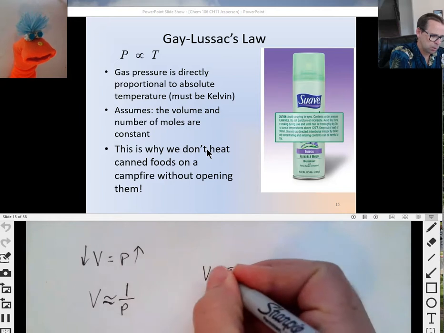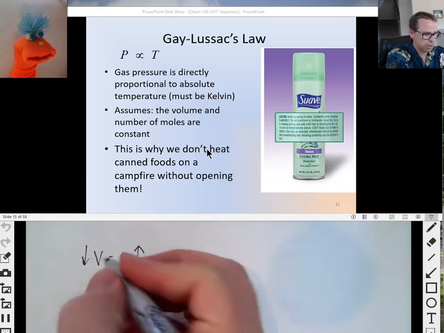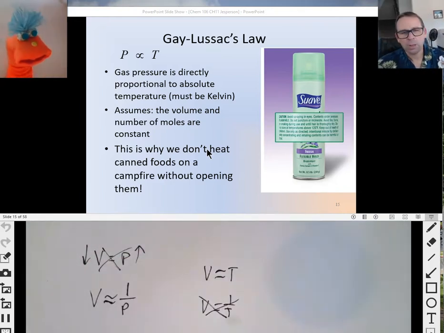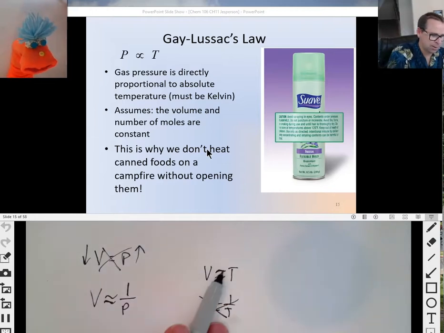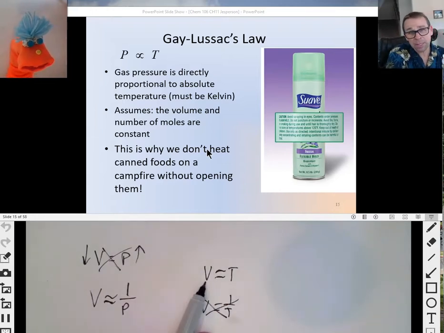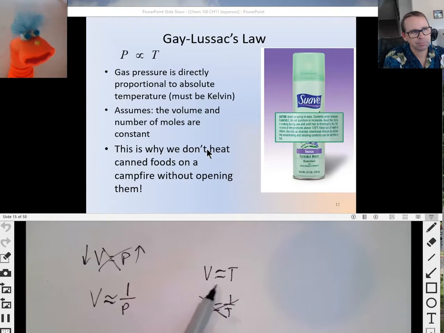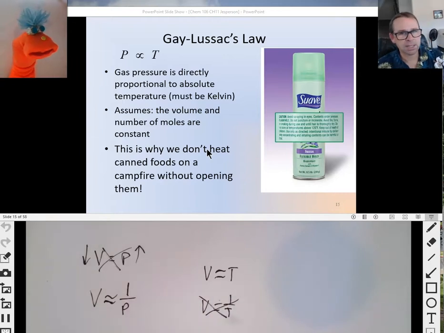And again, we should use these kinds of relationships here because volumes are in units of milliliters or liters. Temperature is in units of Kelvin, Celsius, Fahrenheit, something like that, right? Now, that being said, when we're talking about temperature, you have to always use Kelvin when we talk about these temperature relationships.